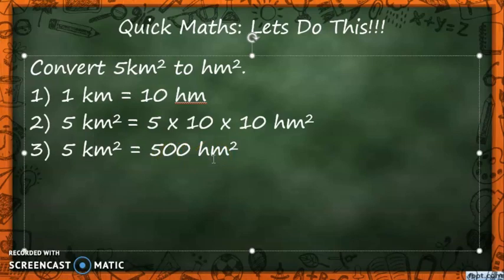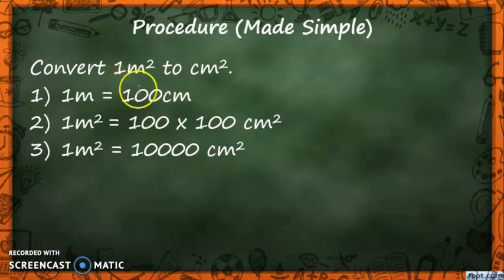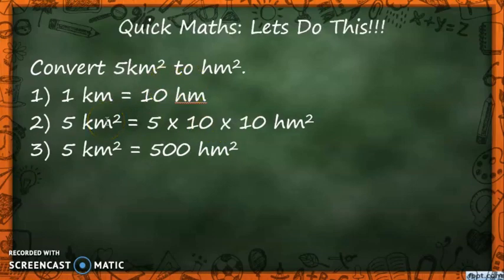Alright? Very simple. So if you catch the trend, we multiply what we convert twice. And then if we're given a number higher than 1, we simply multiply it by this. Alright? Very simple.